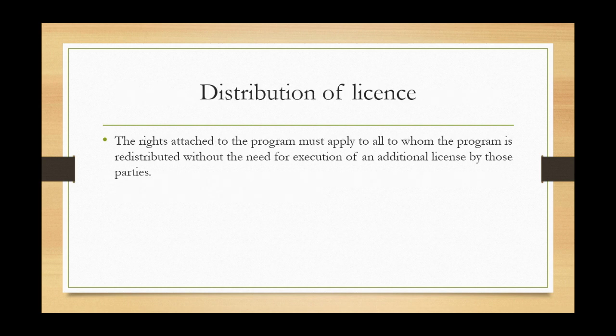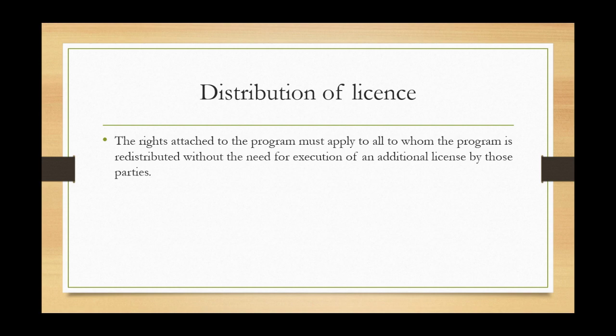Another one is the distribution of license. Speaking of rights that have been attached to a certain program that has been labeled as open source, such rights must apply to all programs that are redistributed after the first one has been distributed.